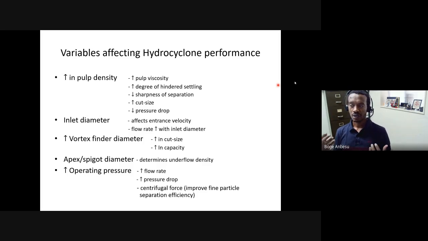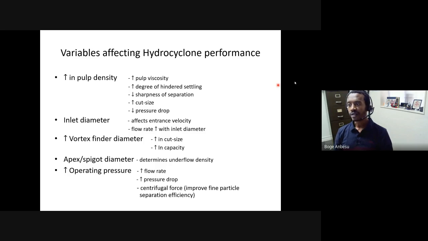Again, we talked about when you have very high percent solids, you're talking about hindered settling conditions where particles will start to interact with one another. Because of that, particles are not free to move inside the cyclone, and you should reduce the sharpness of separation. And with reduced sharpness of separation, coarse particles, instead of going to the underflow, may go to the overflow, which means you increase the cut size.